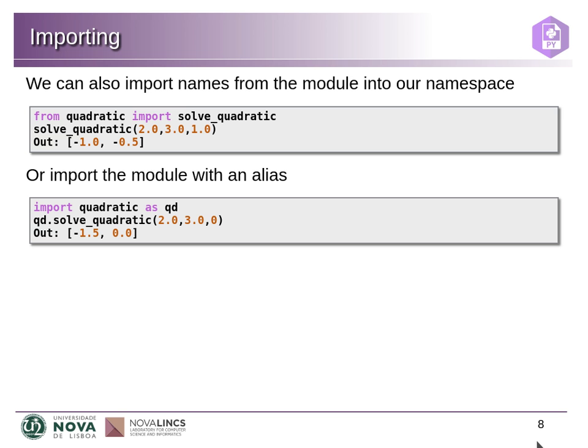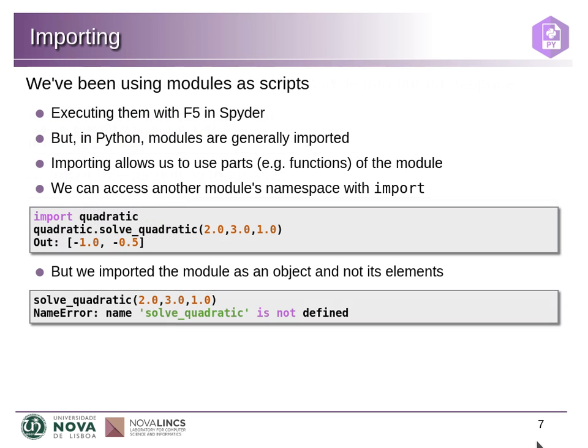So now you can use that function as if it was part of your module, even though it's running on the other module. Okay? This we usually do when we want specific parts of the module because we want to reuse that code. This is generally the best way to do it. When we want lots of different things from the module, we just import the whole module and use it.